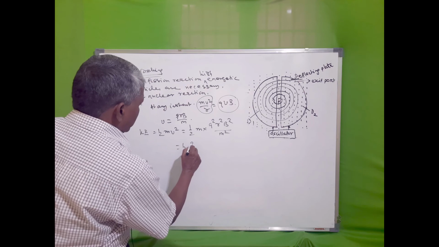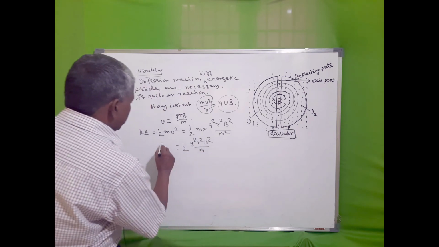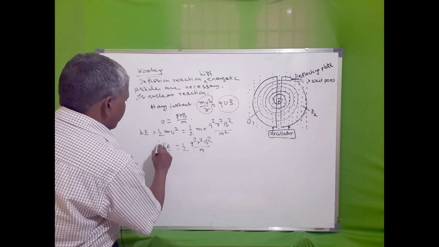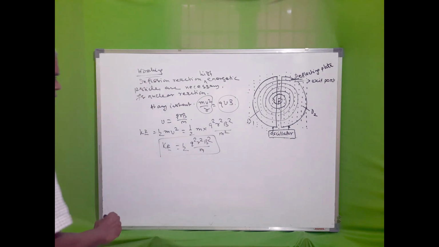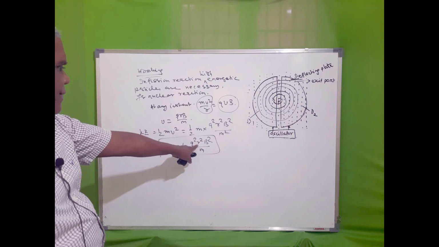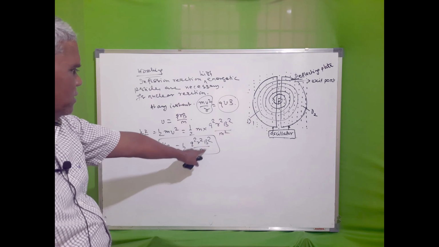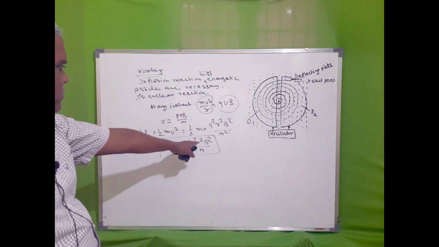This is half q square r square B square by m. So more the radius, other things remaining constant, energy is more.